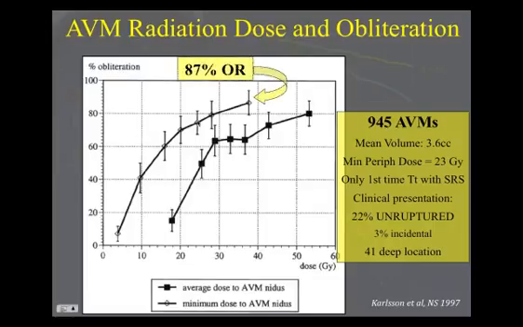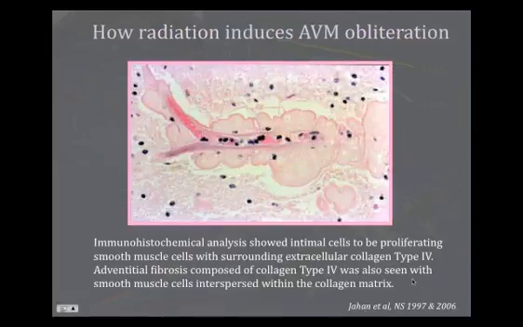We also know that there is a logarithmic correlation between dose of radiation given and odds of obliteration, and that's based on the Swedish data. So if we give as high a dose as possible, we will achieve more obliteration in a shorter period of time. And what is going on there?